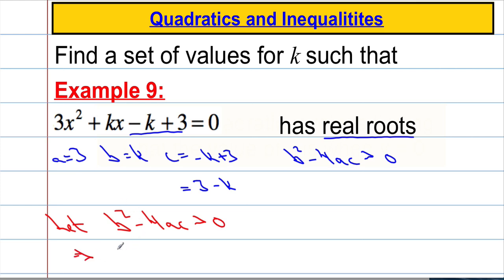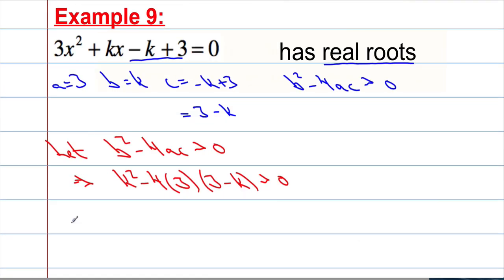and then substitute in, we get k squared minus 4 times a, which is 3, times c, which is 3 minus k, must be bigger than 0. Okay, and what we're going to do is now expand out this bracket, and we get negative 12 times 3 subtract k must be bigger than 0.